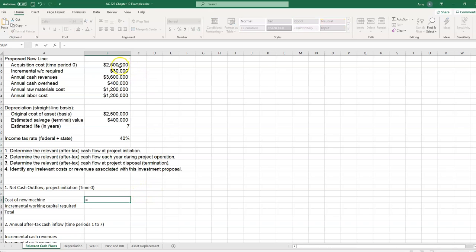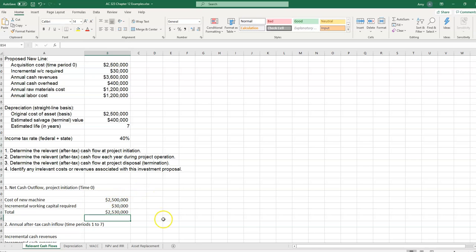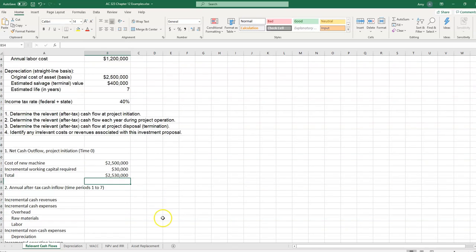So the cost of the new machine is $2.5 million, and we have a working capital requirement of $30,000. So our total at time zero is $2,530,000.